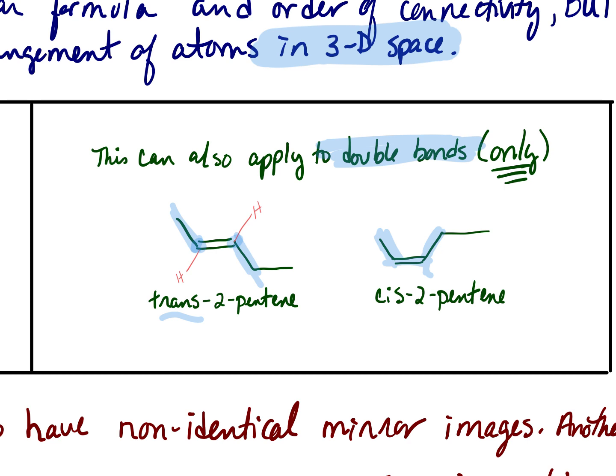So they're both going in the same direction, whether that be up or down, and that would be the cis 2-pentene. So just to mention this, we're going to get to it later, but instead of being an alkane, these are alkenes, and they end in -ene because they have a double bond in them, okay?